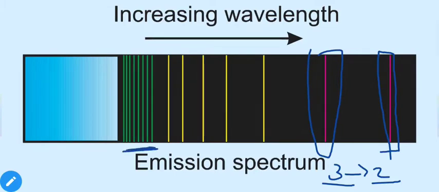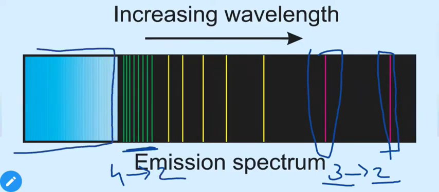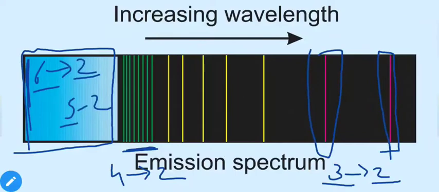The green represents a transition from 4 to 2, the blue region represents a transition from 5 to 2, and this end line represents 6 to 2. That means initially it was in 6 and after that it comes back to 2. Initially it was in the 5th orbit and now it is in the 2nd orbit by emitting these lights.